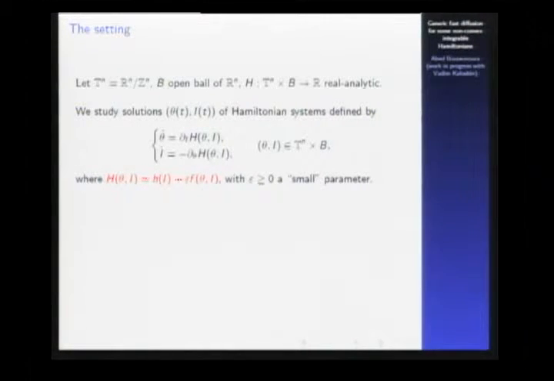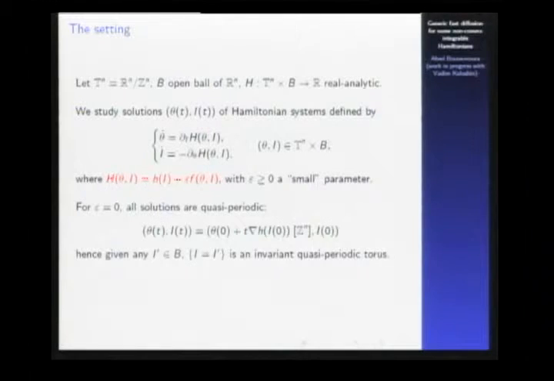If I put epsilon equal to 0, in this case capital H is just small h, and I can solve this system of equations. All solutions are quasi-periodic. First of all, it's easy to see that since small h does not depend on theta, the speed of the action variable is equal to 0, so they are first integrals. In the flow, I of t is always equal to I of 0.